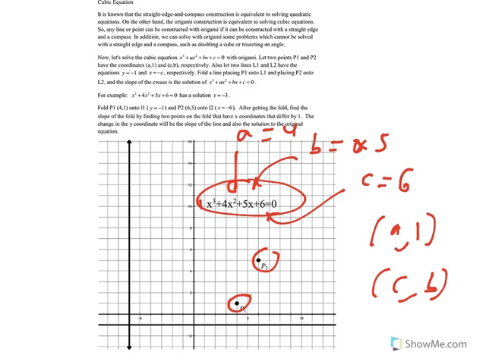We also create the line y equals -1, which is down here. And we also create the vertical line x equals -c, which in this case is -6, which is all the way over here.